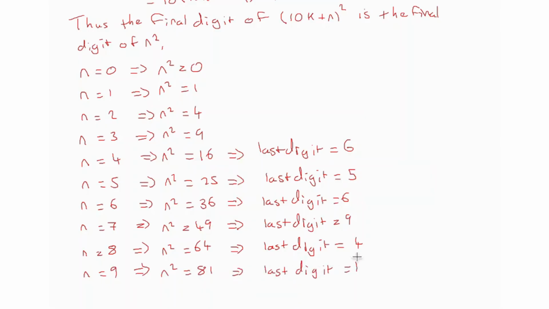We've checked all possible cases for n, and all of them end in either 0, 1, 4, 9, 6 or 5.